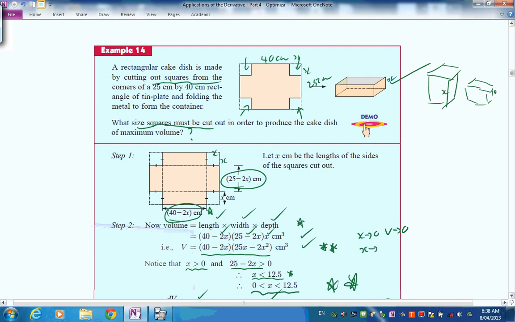If x tended to 12.5, the volume would also tend to 0, these two ends. Because if x is 0, it's a very flat dish. A volume is tending to 0, isn't it? A very flat dish. And if it tends to 12.5, it's a very broad dish, but it hasn't got much.